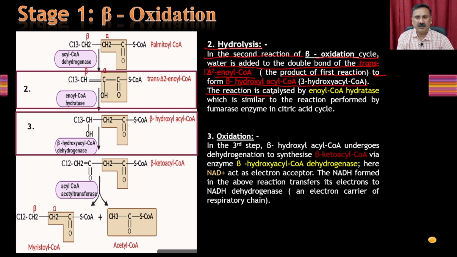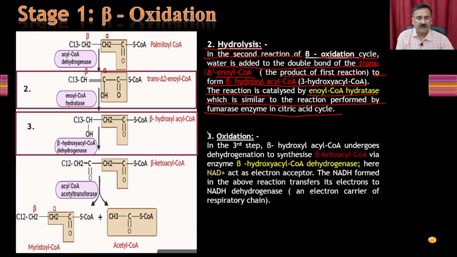The reaction is catalyzed by an enzyme called enoyl-CoA hydratase. So the molecules released from the acyl-CoA dehydrogenase enter the second reaction, which produces 3-hydroxyacyl CoA. This reaction is similar to the one performed by the fumarase enzyme in the citric acid cycle.